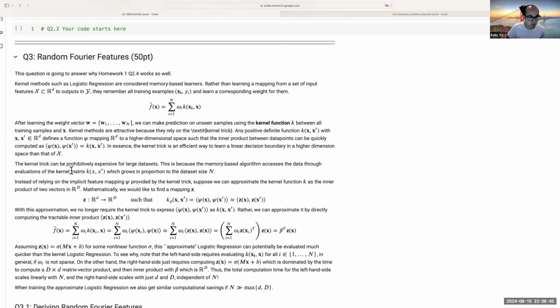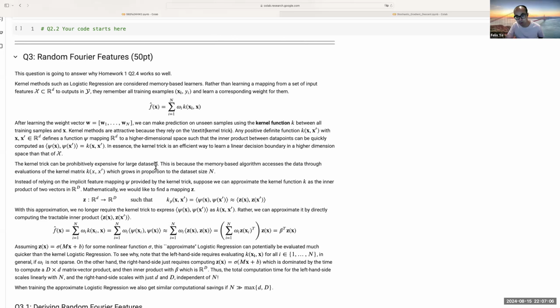And this kernel trick can still be very expensive for large data. For large data, think about the problem that you worked on in question 2.4 in homework 1. You have 60,000 data points, right? That's really a lot of data.